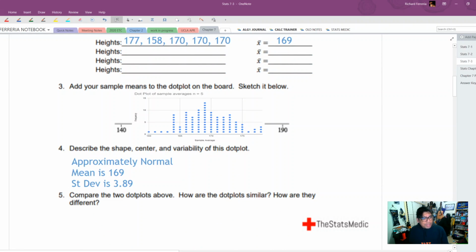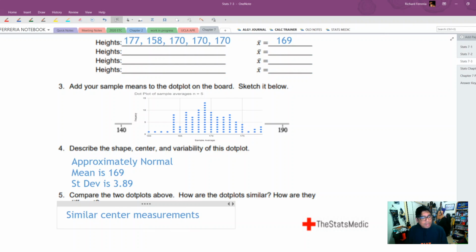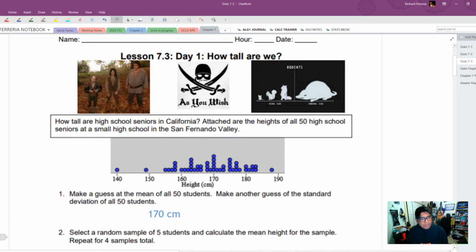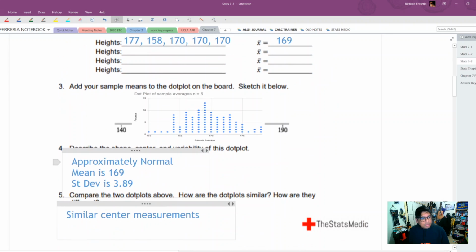So they have very similar centers. Okay, but the shapes are different, right? This shape we said was approximately normal. This shape here definitely looks left skewed to me. So shapes are different.